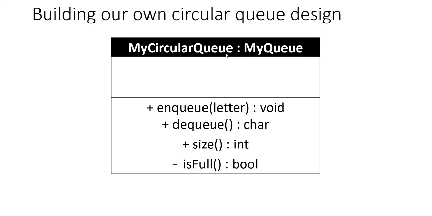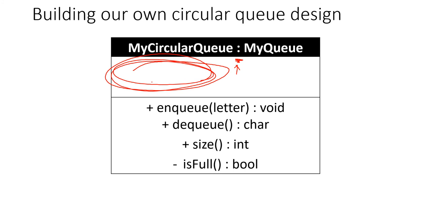So in our circular queue design here, we can see that we're going to be inheriting from myQ. In C#, the way to inherit is to use the colon, and we're inheriting from myQ. Notice that there are no additional properties. Our circular queue is going to use the ones that are in the queue already. So the front pointer and rear pointer, we can access those in here because we've just made them protected.